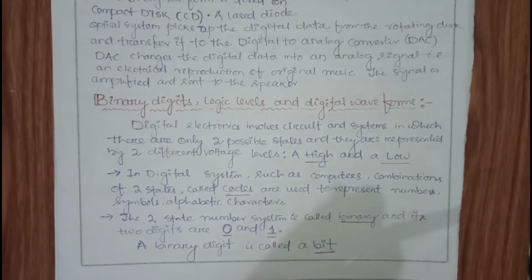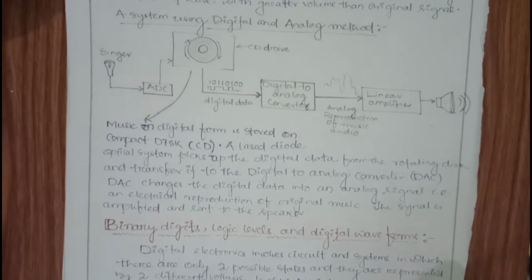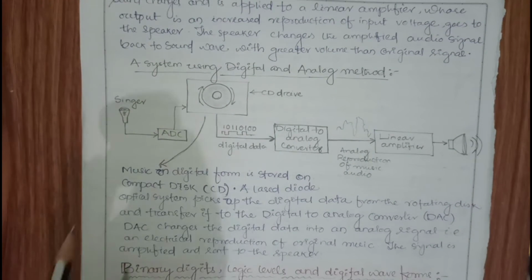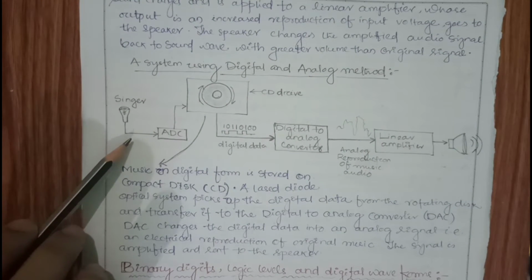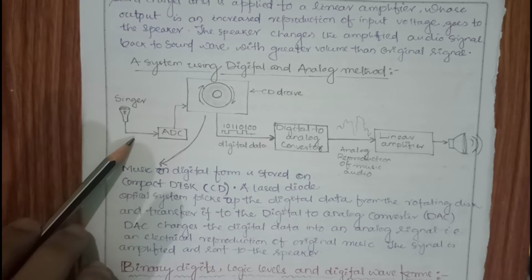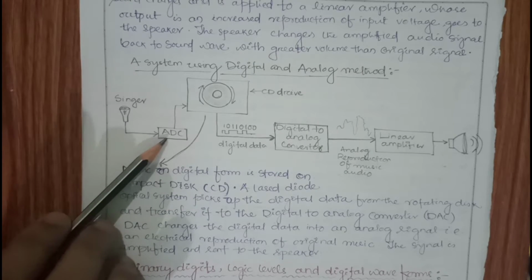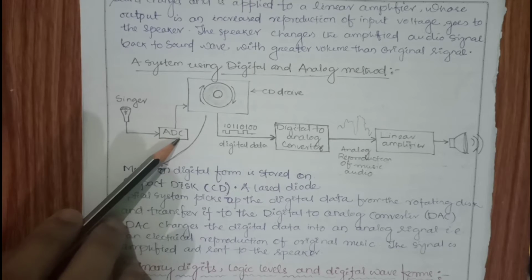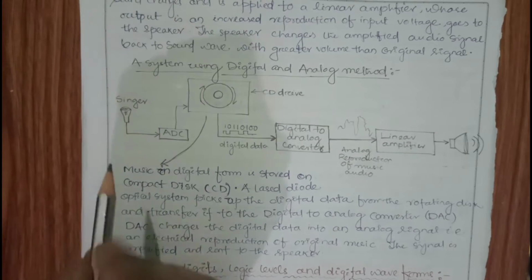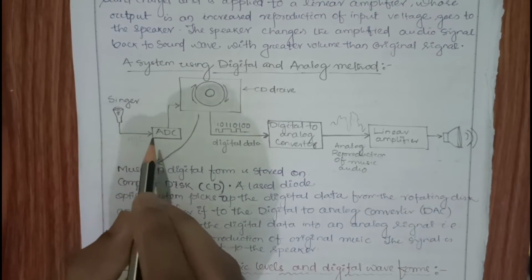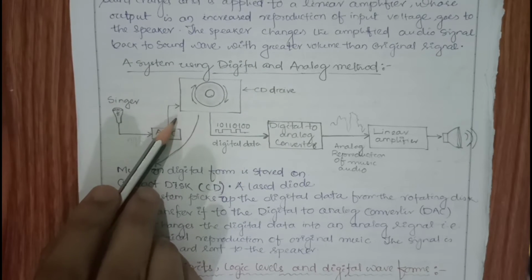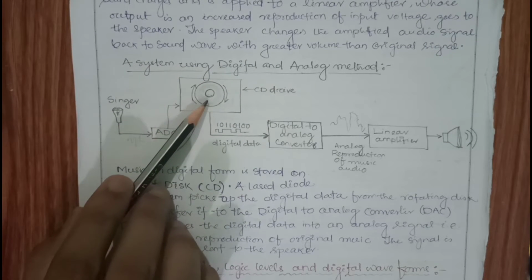Now in a similar process we can also use analog and digital signals at a time. The singer sings, and a voltage is created. Using an ADC, analog to digital converter, we convert this small analog signal into a digital signal, that is, bits in 1010 form, and that is stored in the CD drive.